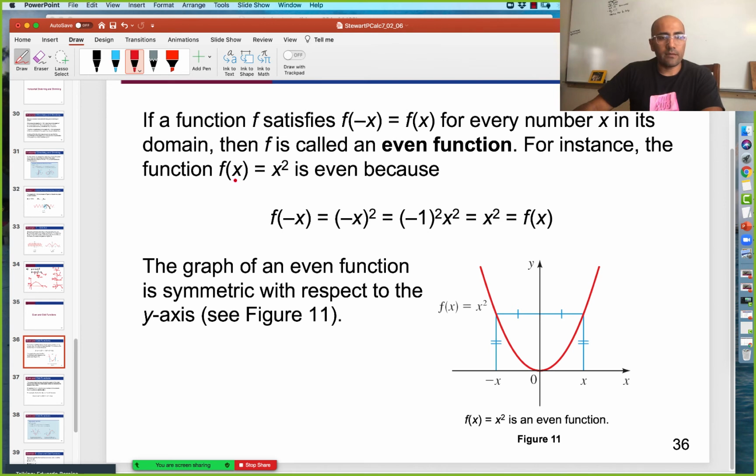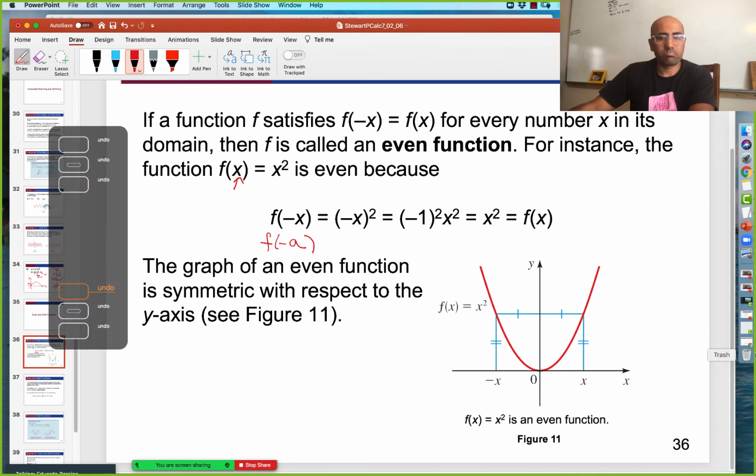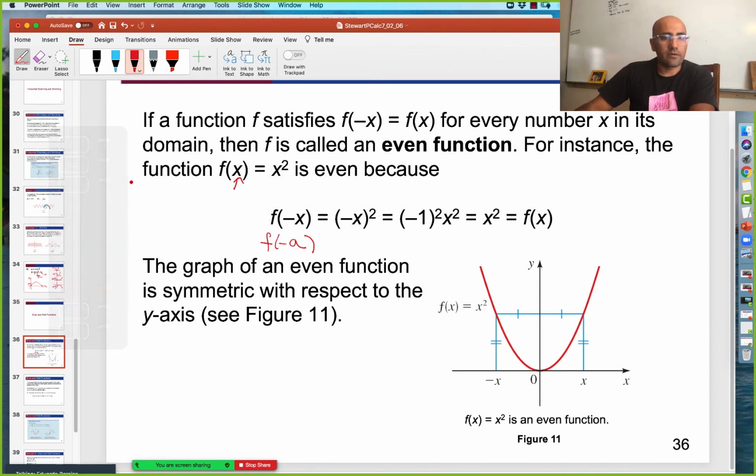So if we plug in, we use x so much that it looks a little confusing. So this is fine, or we could say f of negative a. So evaluating this function at a seems kind of silly. We're just letting x equal to a. So if we let x equal to a, then it's just going to be a squared, right?